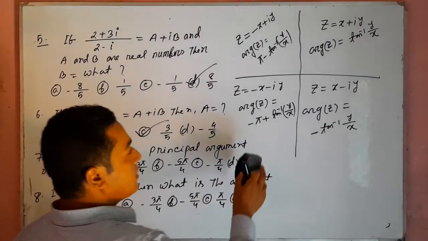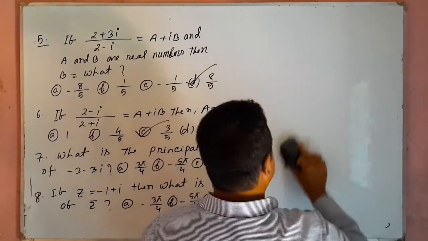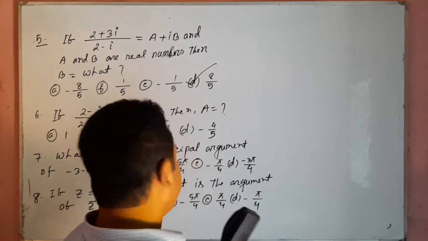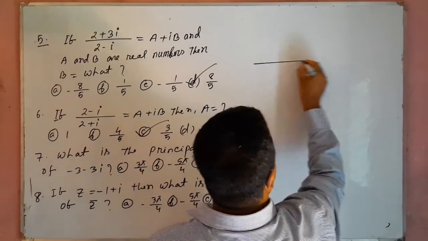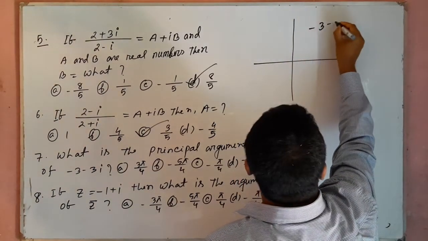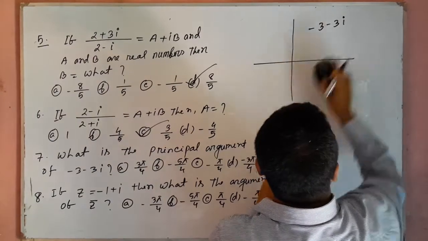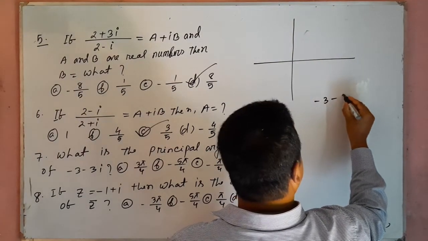At first, by this process, we want to find the argument of minus 3 minus 3i.